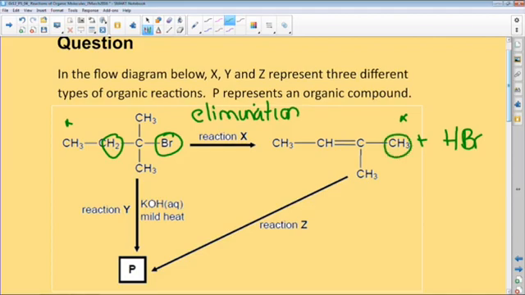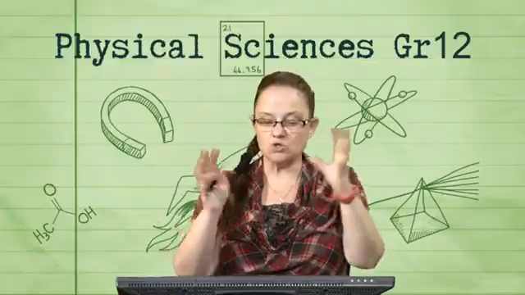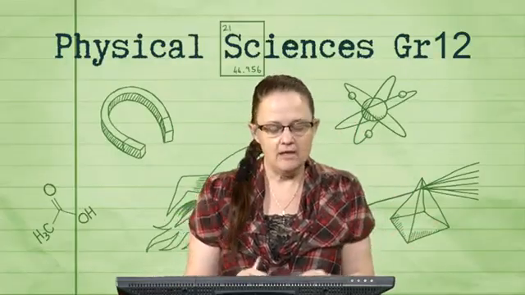Let me do it in a different color. I think it'll be easier for you to see. This CH3 is that CH3. This CH3 is that CH3. It rotates because of VSEPR, because of molecular geometry. Okay, so don't worry, it's HBr that came off. We haven't done anything funny.